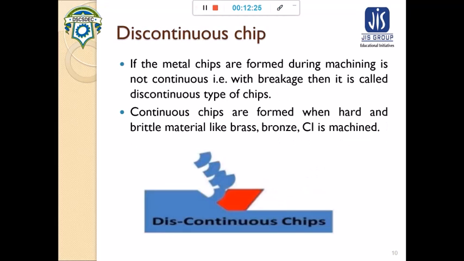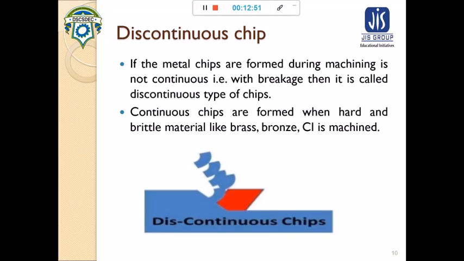In the case of another type of chip, we can see discontinuous chips. A discontinuous chip is mainly formed due to brittle material machining. Discontinuous chip means those chips which are not continuous; that means there is breakage.